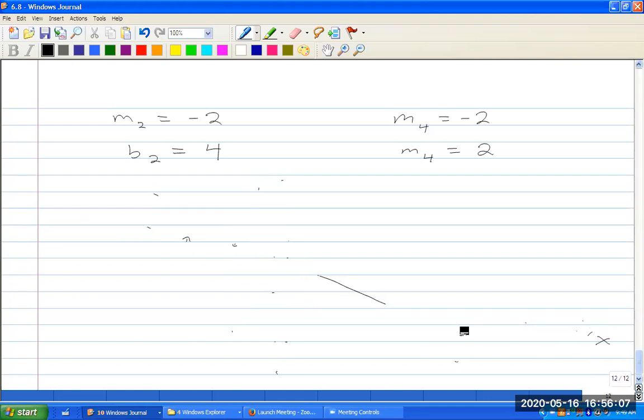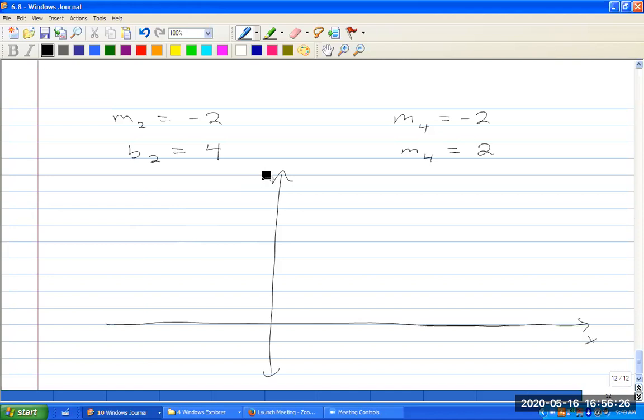Let me just get rid of this for 1 second. I'll keep it where these are just units. So 1, 2, 3, 4.